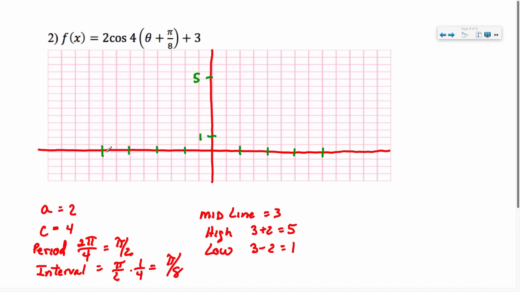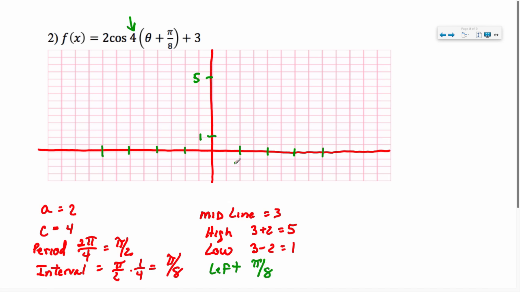Okay, all right, so let's graph. I need to figure out if I will be shifting. Since the number is outside, the shift is just going to be in the opposite direction, pi over 8. So my shift is going to be left pi over 8.